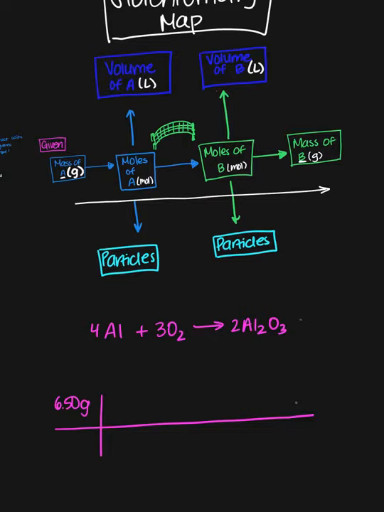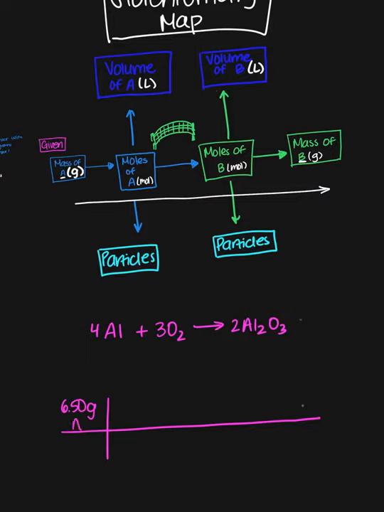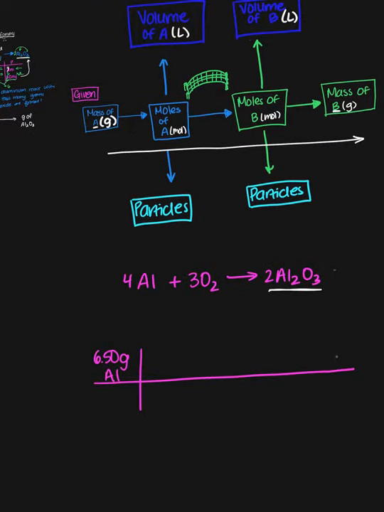In our problem, we're told that we have 6.50 grams of aluminum, and we want to convert to grams of aluminum oxide. First, we have to go from mass of aluminum, given in grams, to moles of aluminum. The main thing that converts grams to moles is our periodic table.